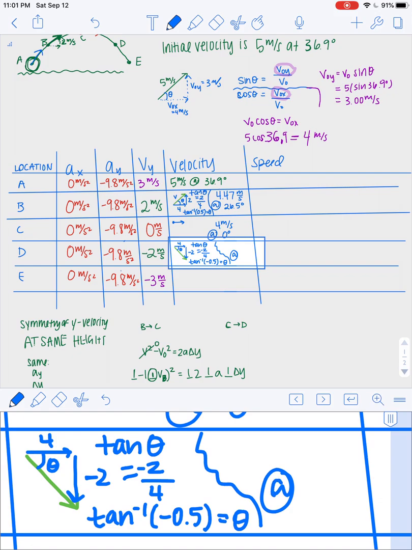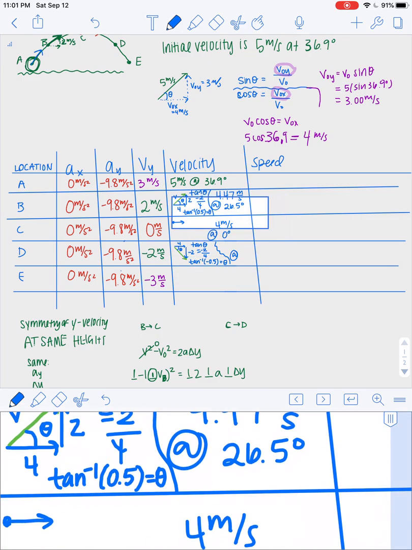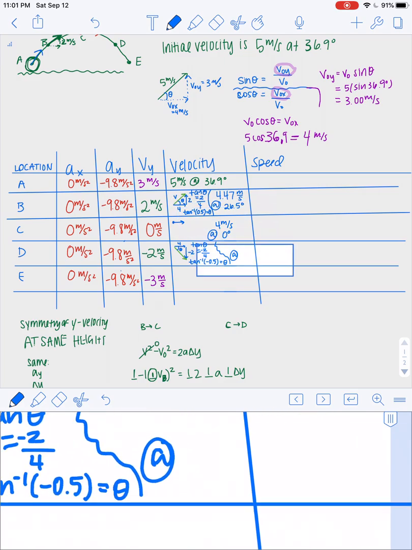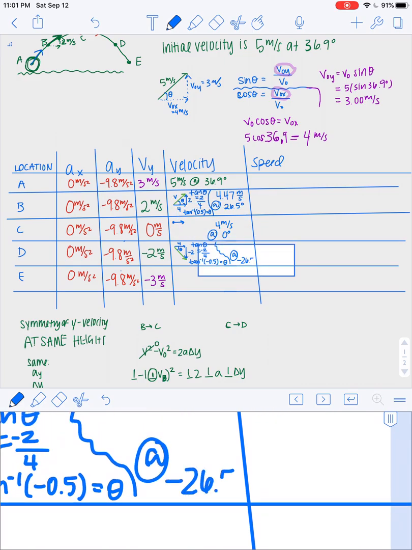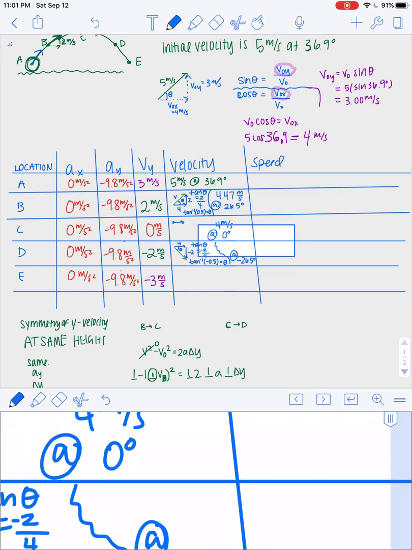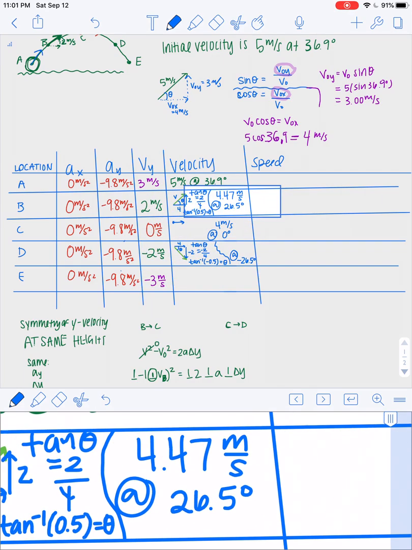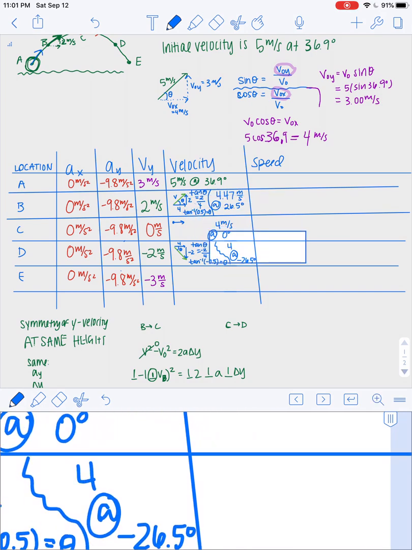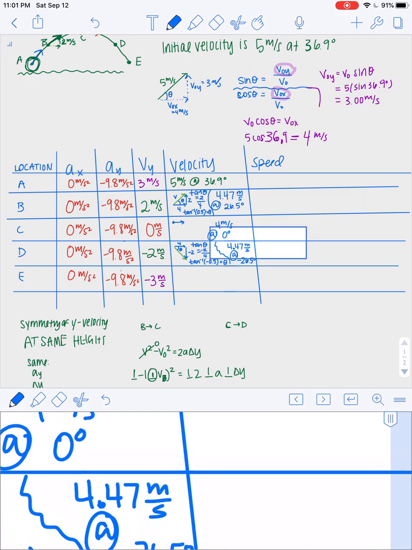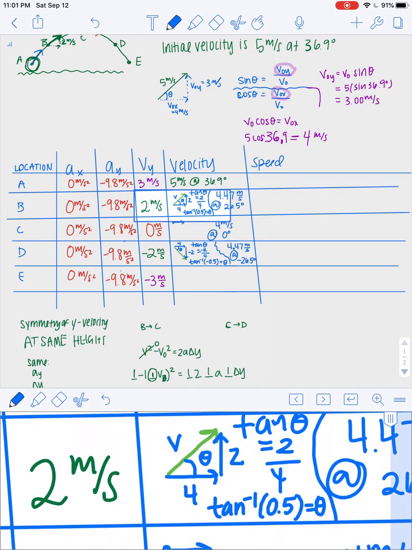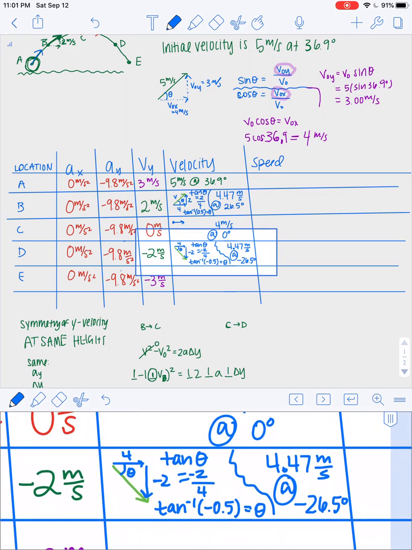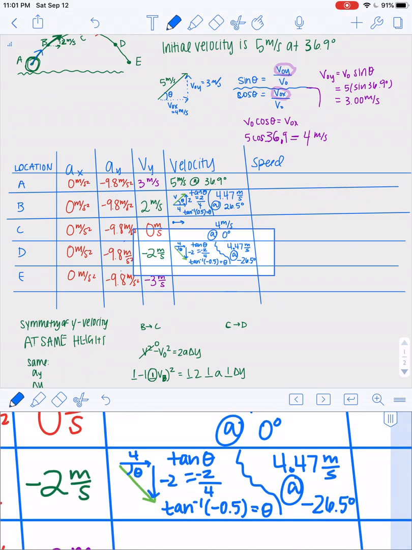And that actually ends up being, and maybe you know this property, the negative angle of the inverse tangent of positive 0.5. And same sides of the triangle, we are still going to have 4.47 meters per second. So there's not only symmetry in this y direction, but there's also symmetry when we compare those resultant velocities and what direction they are traveling in.